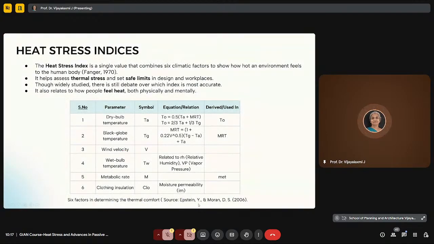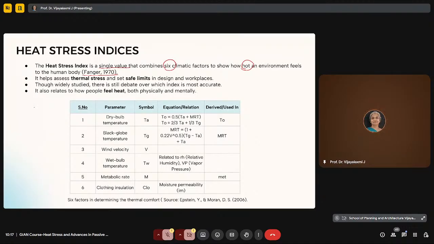Now let's see what are the various heat stress indices. The heat stress index is a single value, and this value combines 6 climatic factors to show how hot an environment feels to the body, according to Fanger.